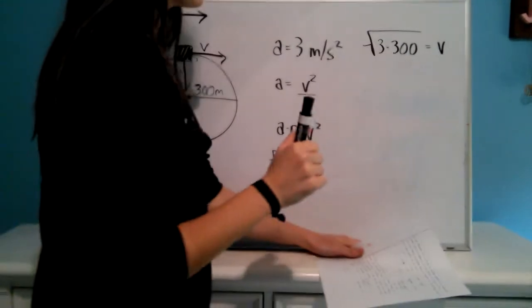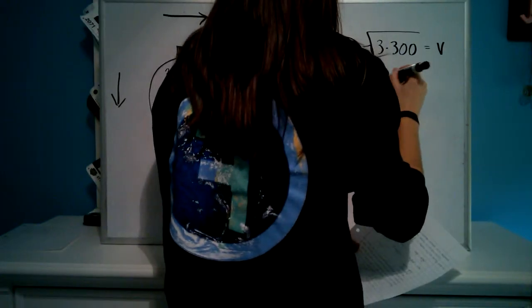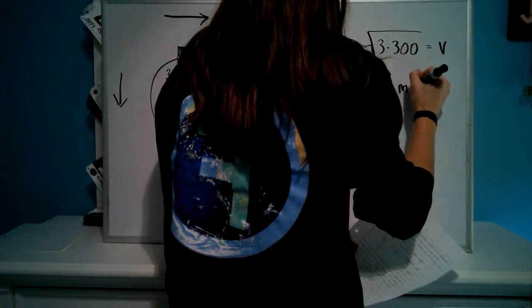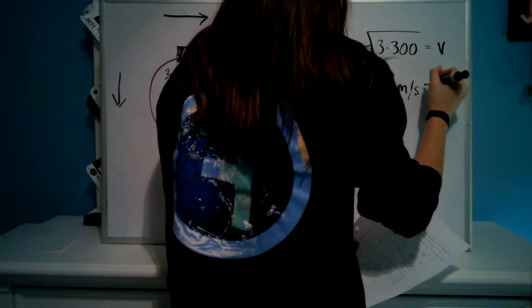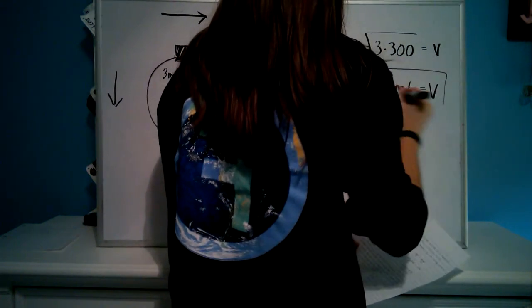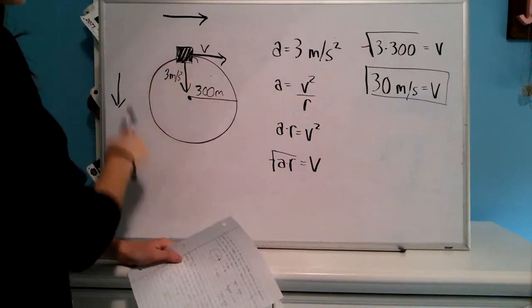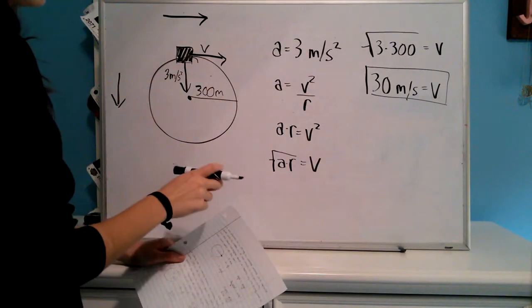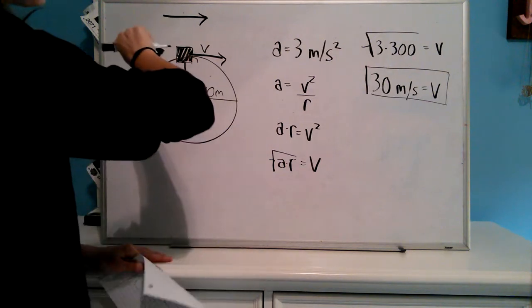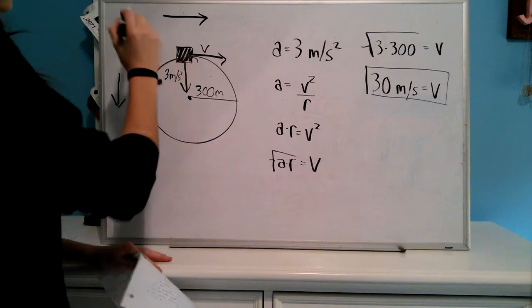I can simplify that in my head, and I know that the square root of that is 30, and then our units are meters per second. So this 30 meters per second is our tangential velocity of our car on this track. And we know that it is moving clockwise because it is traveling due east, and this way is clockwise.